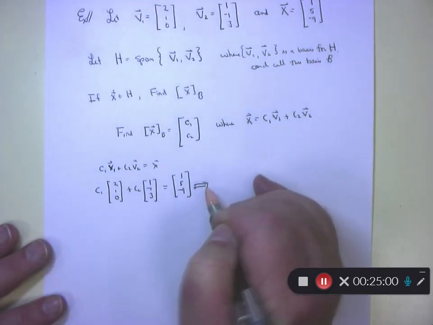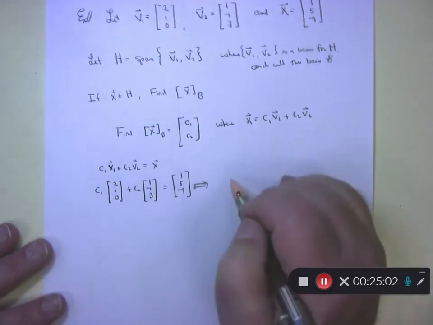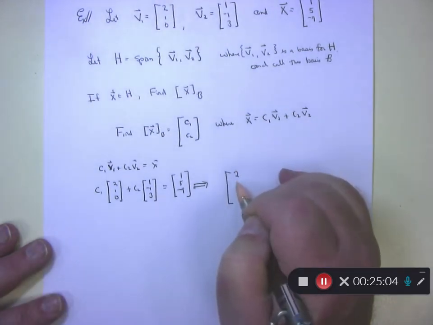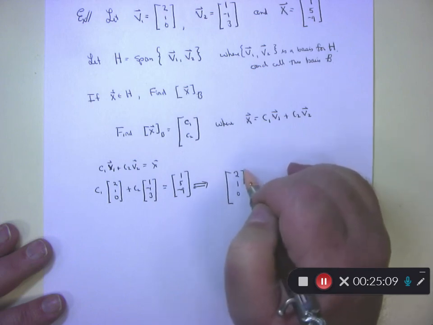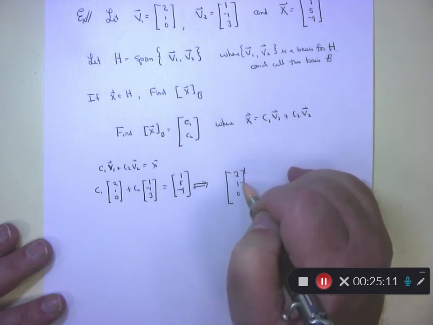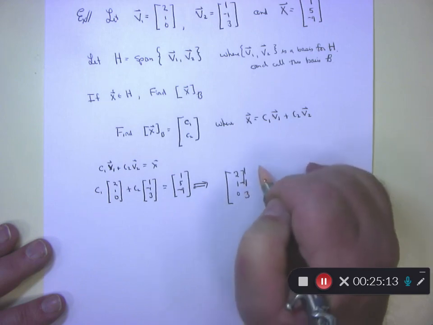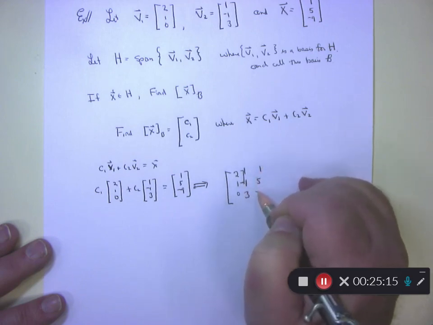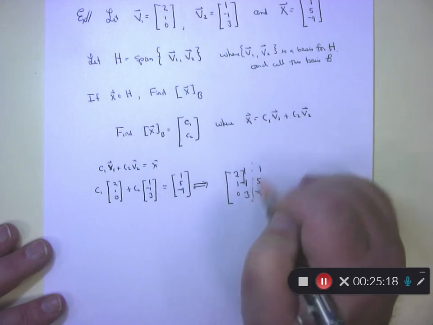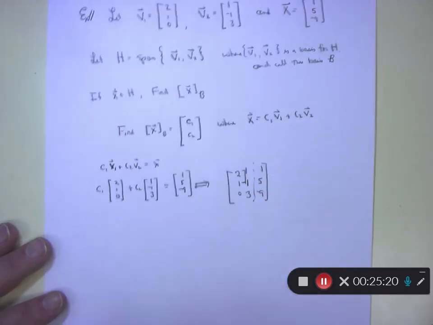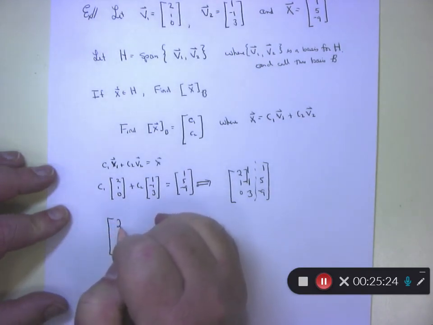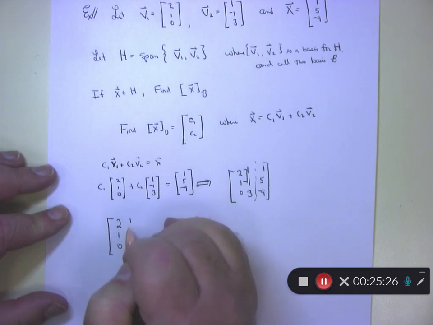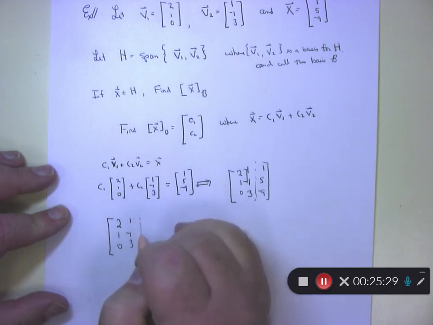I would write this as an augmented matrix. 2, 1, 0, bracket there. 1, -1, 3, and then 1, 5, -9. It looks like this. So let me rewrite that: 2, 1, 0, 1, -1, 3, augmented with 1, 5, -9.